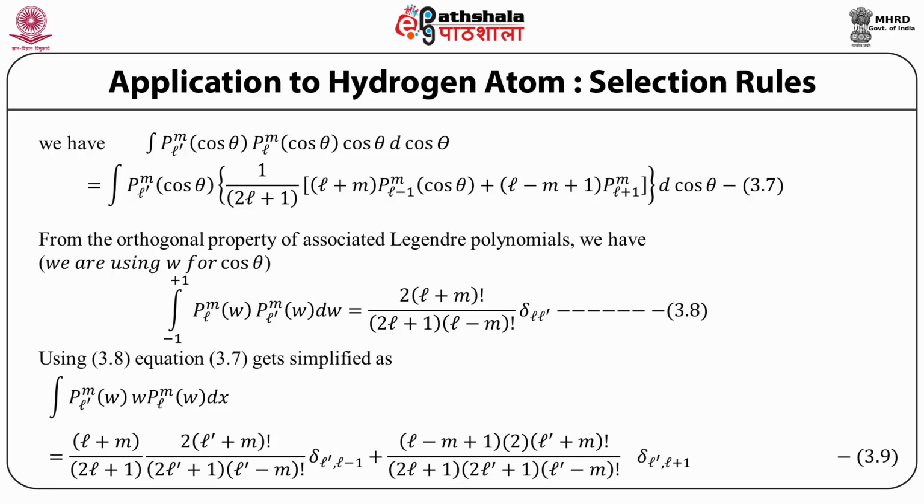Using 3.8, equation 3.7 gets simplified as the integral over P_l'^m(w) times the P^m dx equal to (l+m) times 2 (l'+m)! divided by (2l+1)(2l'+1)(l'-m)! times delta of l' and l-1, plus (l-m+1) times 2 (l'+m)! divided by (2l+1)(2l'+1)(l'-m)! times delta of l' and l+1.